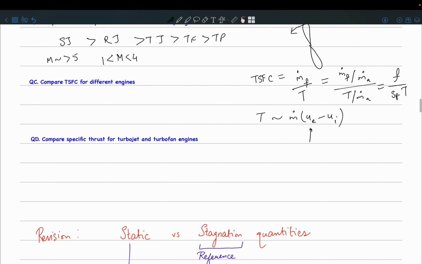So if you are increasing ue, then your fuel consumption is going to be higher. If you are increasing m dot, the fuel consumption is going to be lower, right? So what is the TSFC trend going to be? It is going to be least for turboprop, then turbofan, then turbojet. Okay, what about ramjet and scramjet? After turbojet?